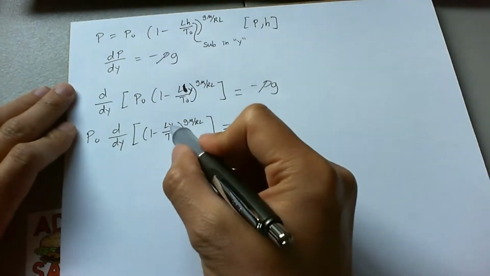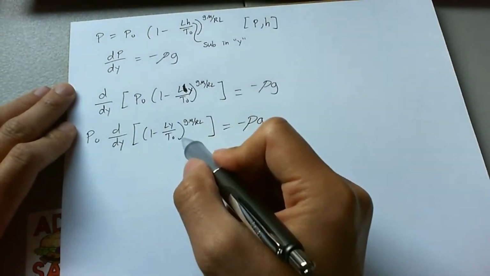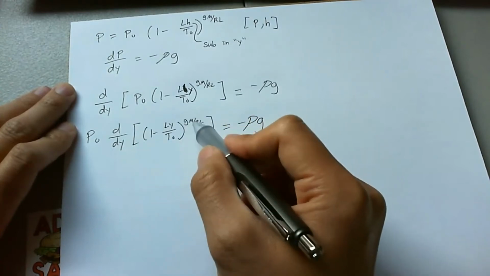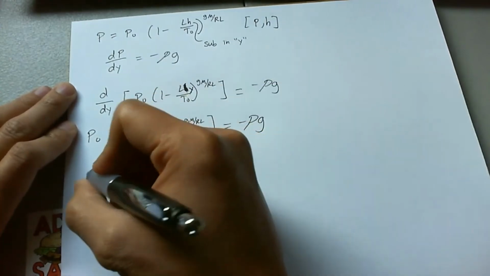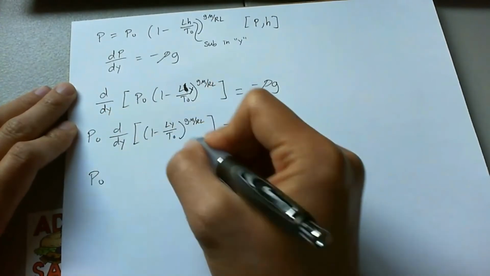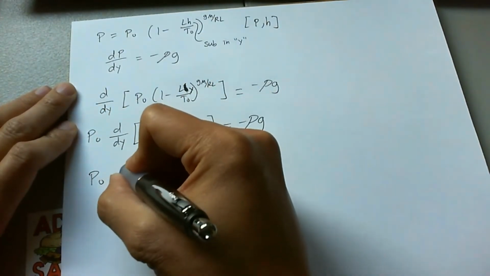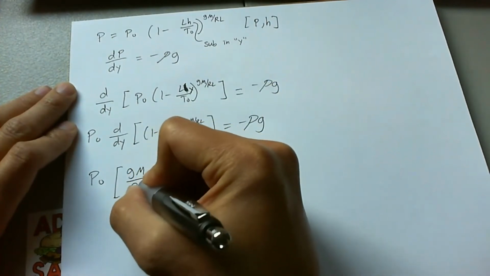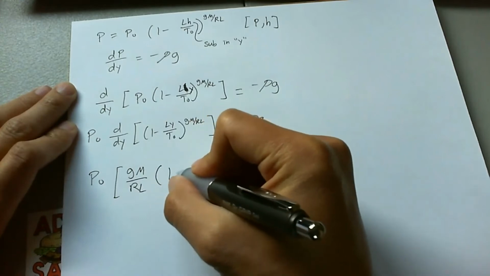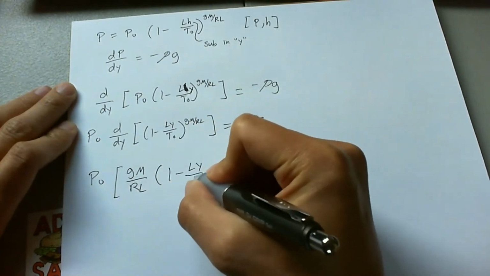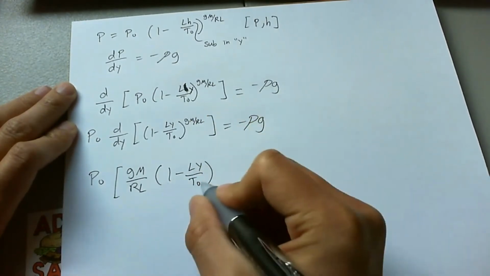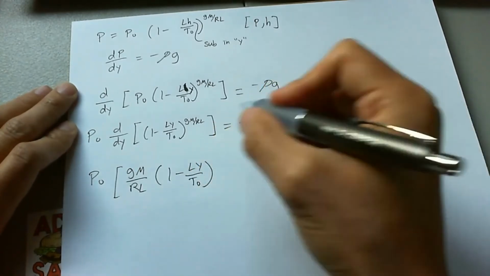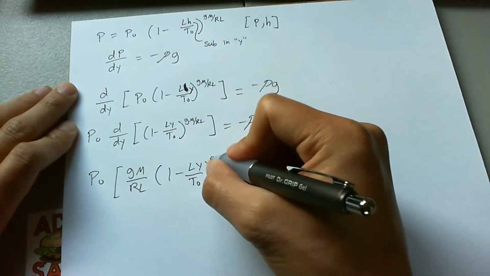Secondly, since the function of y is nestled in parentheses with an exponent attached to it, the derivative comes from taking the exponent, bringing it down in front, keeping the argument inside the parentheses, and then subtracting 1 from the exponent.